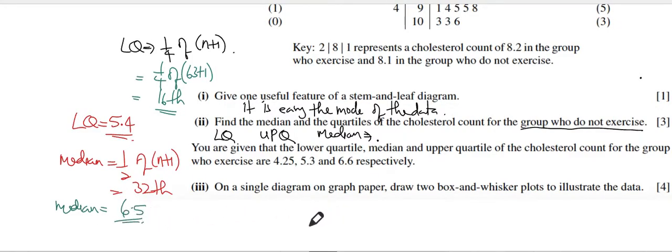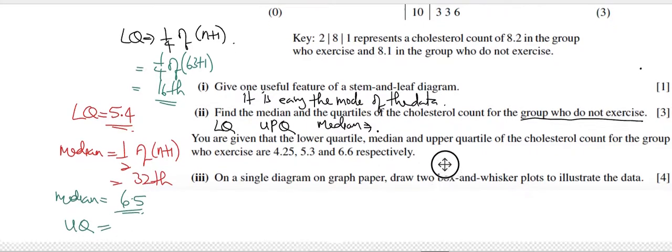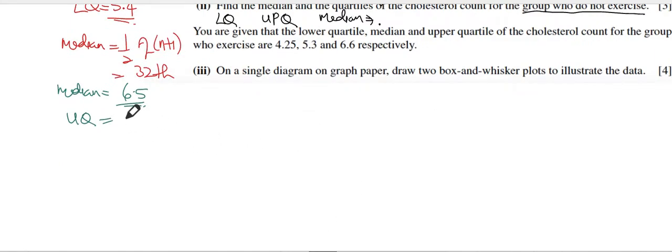Next, the upper quartile, UQ. The upper quartile is 3/4 or the 75th percentile. So 3/4 of n plus 1, which is 3/4 of 64, and that's the 48th value. Where is the 48th value?